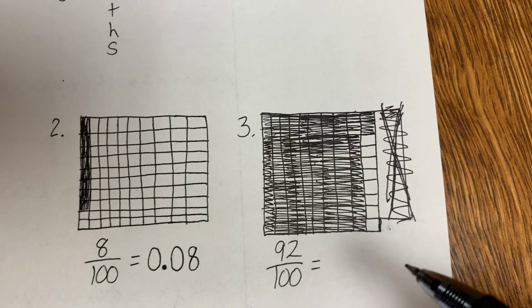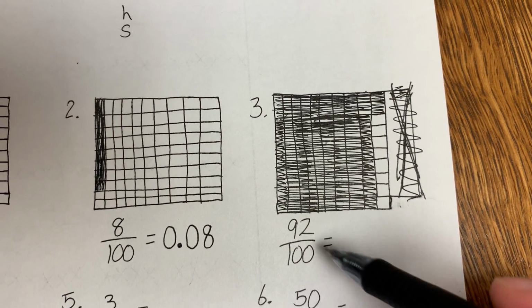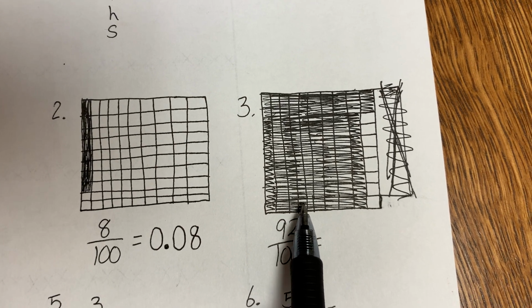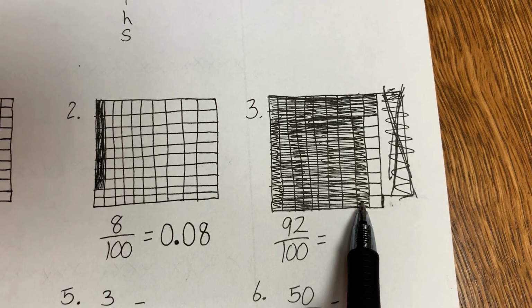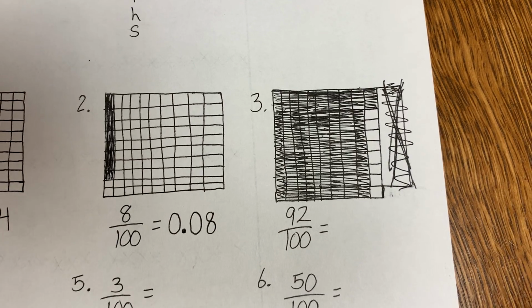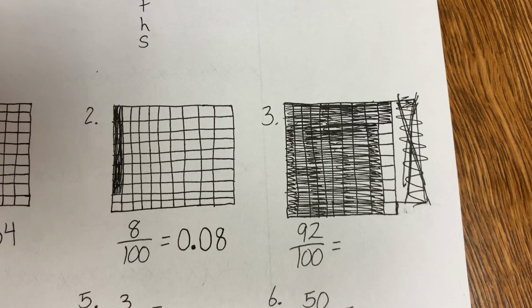Number 3. It says to shade in 92 hundredths. So I counted 1, 2, 3, 4, 5, 6, 7, 8, 9 columns are shaded in, and then 2 more of the next column for the number 92. And excuse my mistake over here, I just X'd that out.